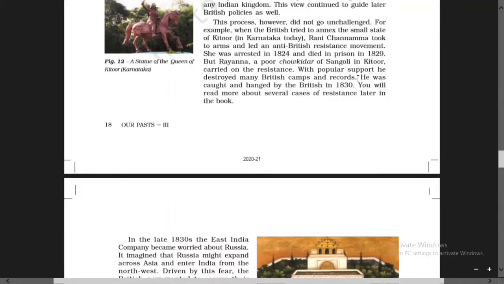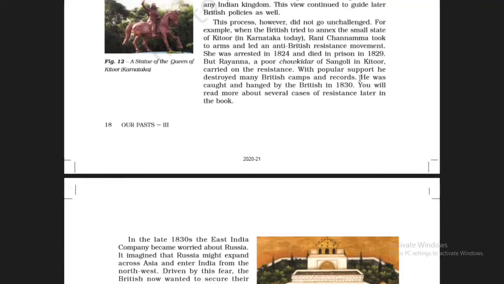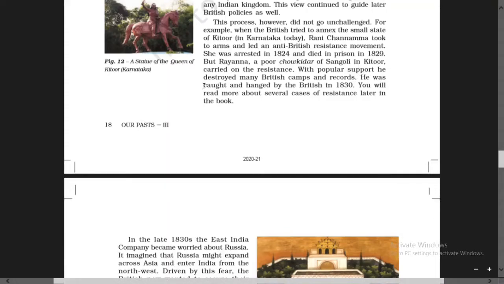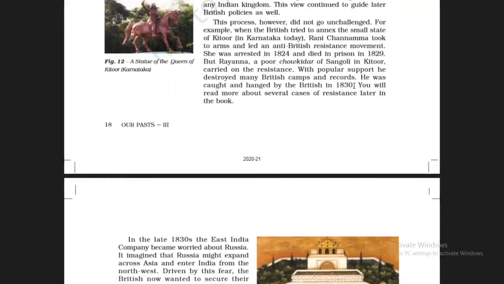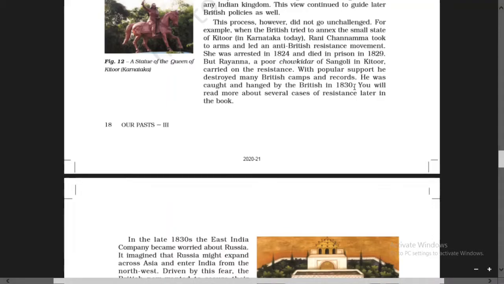He was caught and hanged by the British in the year 1830.